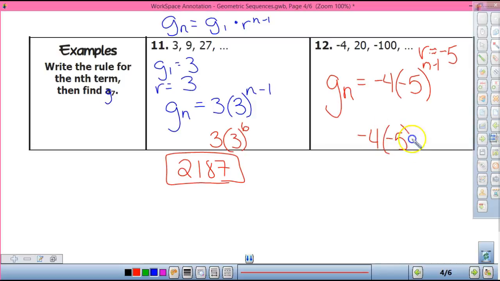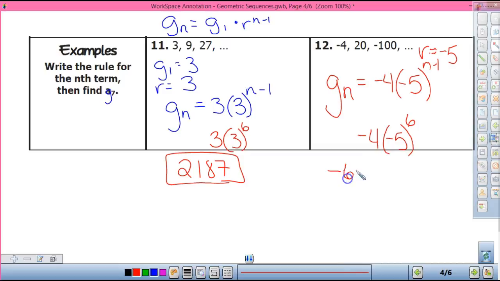Because we have -5 to the 6th power. Now remember to put that in parentheses in your calculator, because we're going to get a positive, some big number. And then you have to multiply it by what? -4, and we get, we shouldn't get a positive.